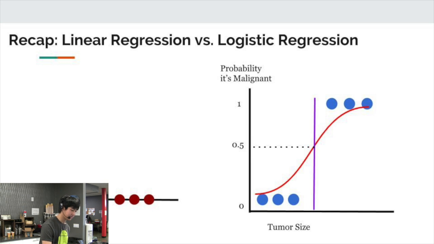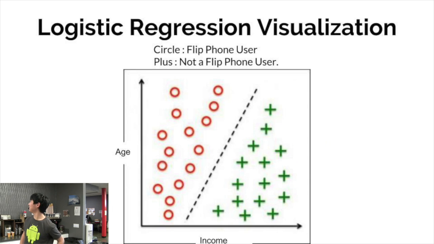Here we have a different problem. We're trying to predict if people have flip phones or not. Basically, the older you get, the more likely you're going to have a flip phone, and the less income you have, the more likely you're going to have a flip phone because you're trying to save money, and flip phones are cheaper than smartphones.